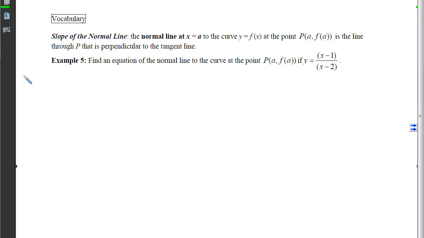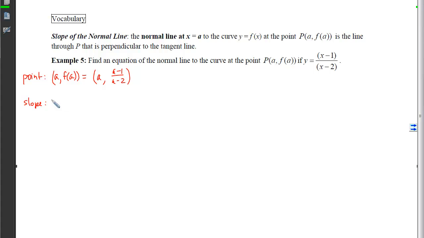So first we're going to write down that no matter what, when we're trying to write an equation of a line, we need a point and we need a slope. So we've got this point a, f of a, which in this case is going to be a comma a minus 1 over a minus 2. And then we need the slope that goes with that, which in this case is going to be 1 over the tangent slope.